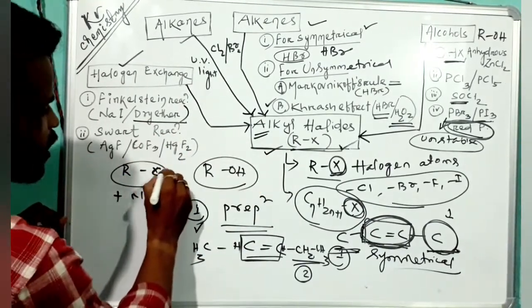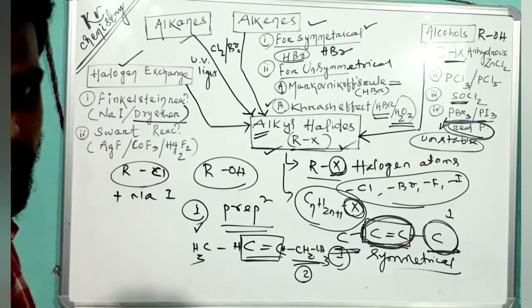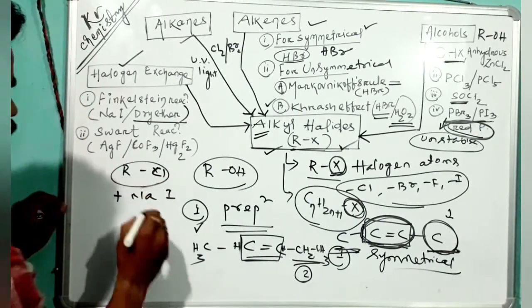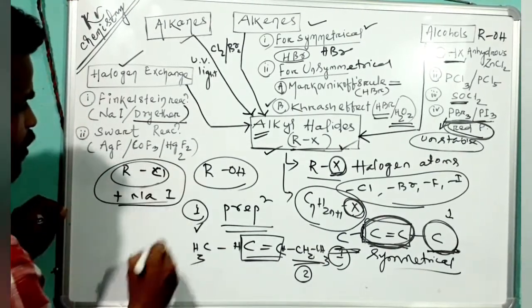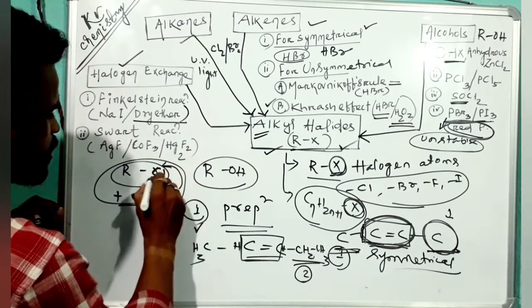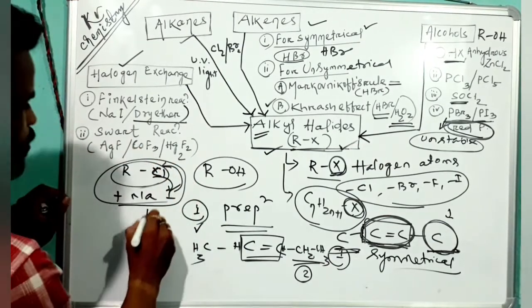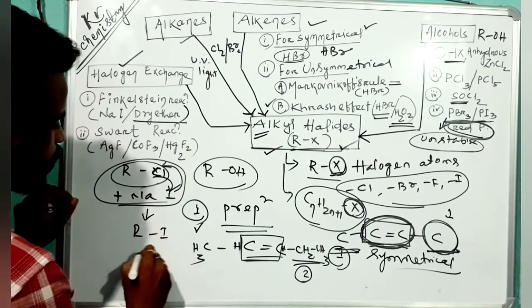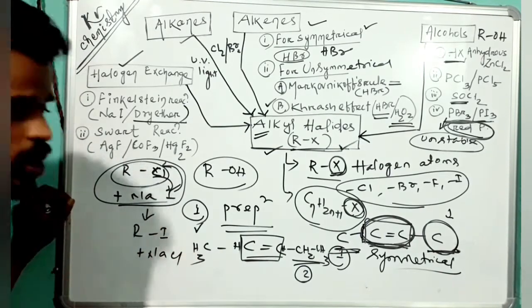We can take an example of alkyl chloride. When treated with sodium iodide, the halogen atom is exchanged, and it forms alkyl iodide plus sodium chloride.